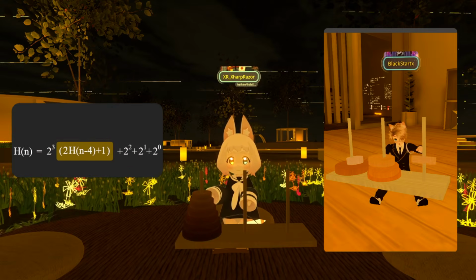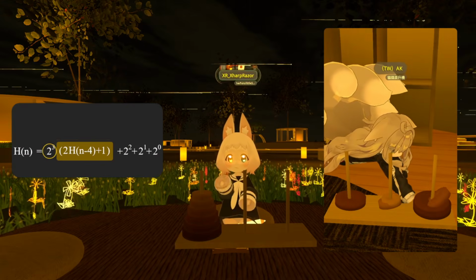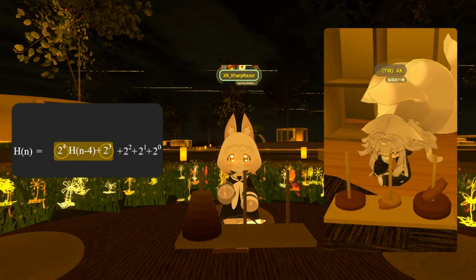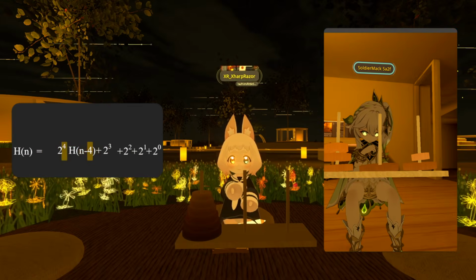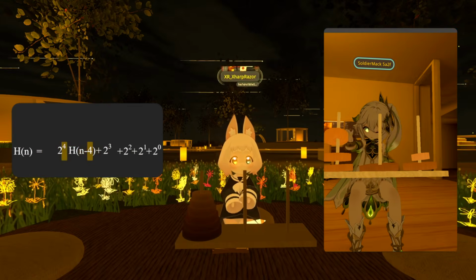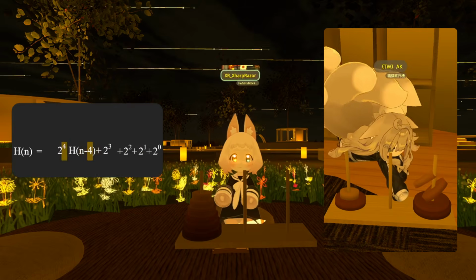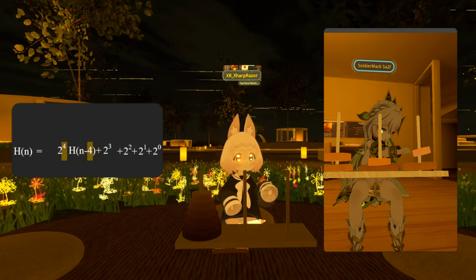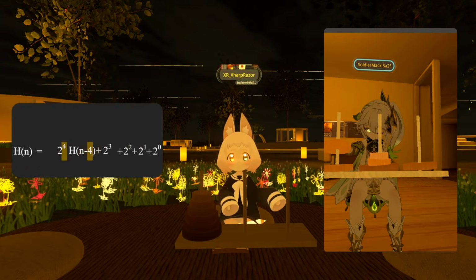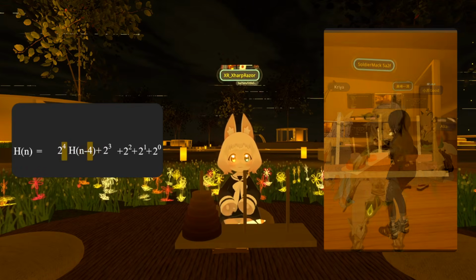We got that 8 outside, bring it in, it's now 16, which is also 2 to the 4. That 4 over there matches the 4 in n minus 4. And then this 1 becomes 8, and it joins the rest of the pile: 8, 4, 2, 1. And then we can keep on tumbling down.